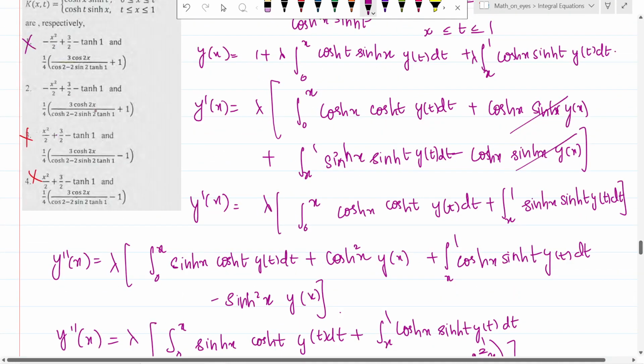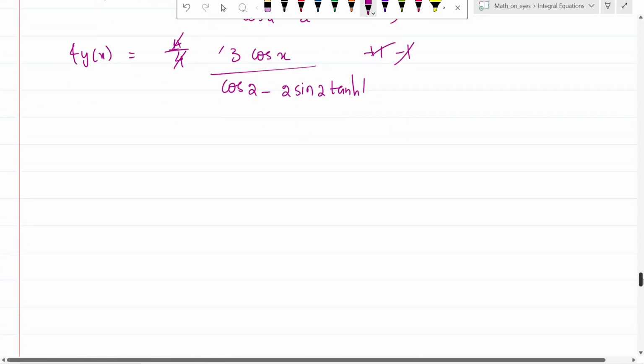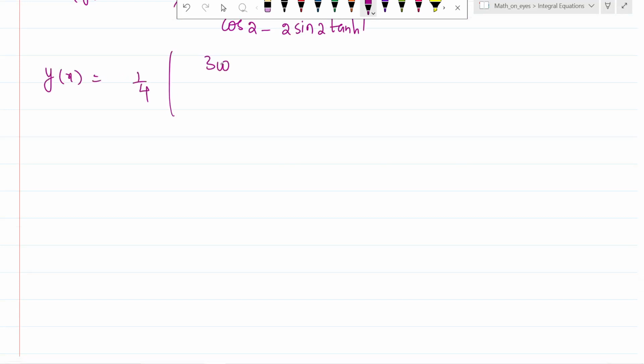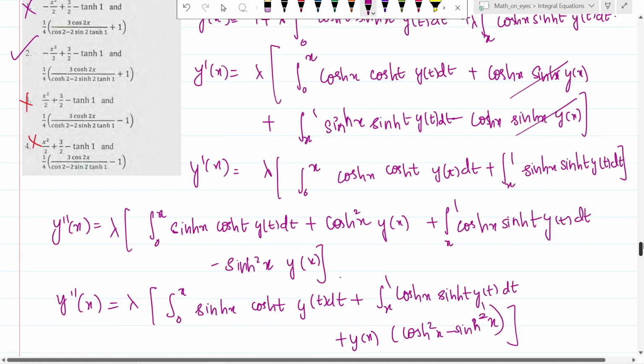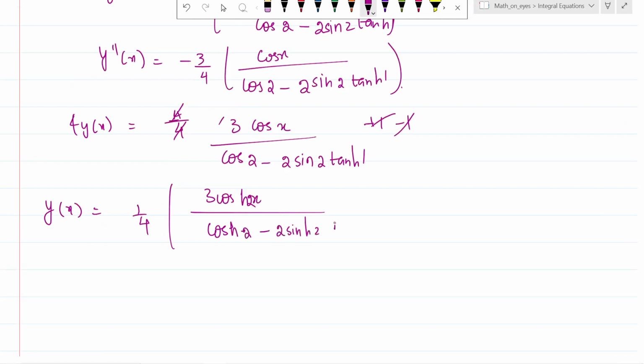We will verify the second option. It must be the correct option. So here y of x is equal to 1 by 4 into 3 cos h2x divided by cos h2 minus 2 sin h2 tan h1 plus 1.